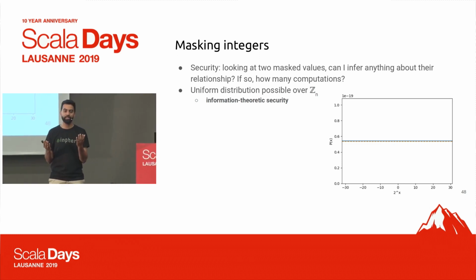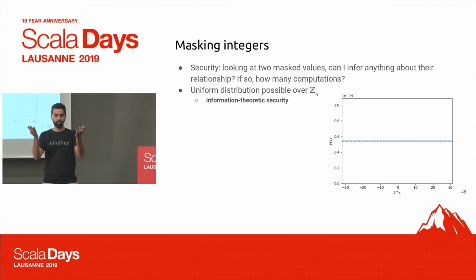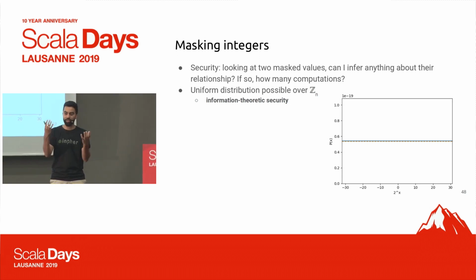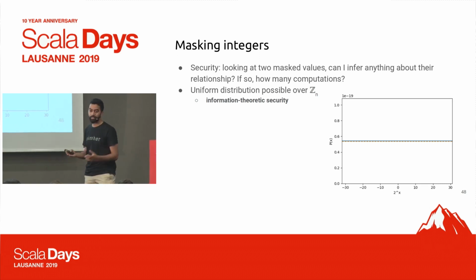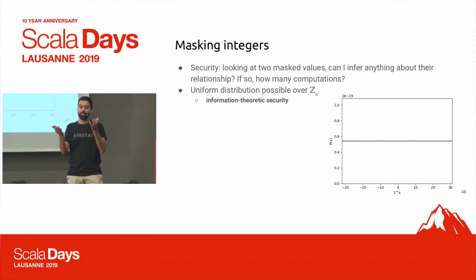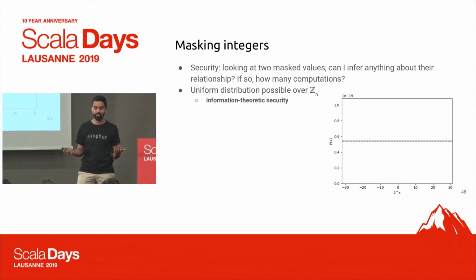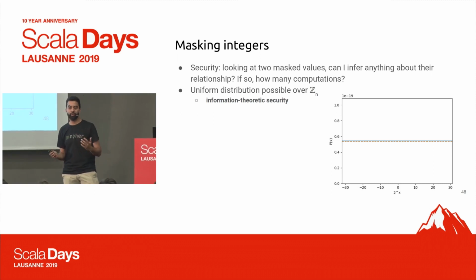Well, the security model is: given masked values, can I differentiate them? Can I distinguish one from the other? In this integer case, I can't, because everything is picked uniformly at random. So I'm none the wiser with masked values. And this gives us a very nice property called information theoretic security. This is the best of the best that I can do.